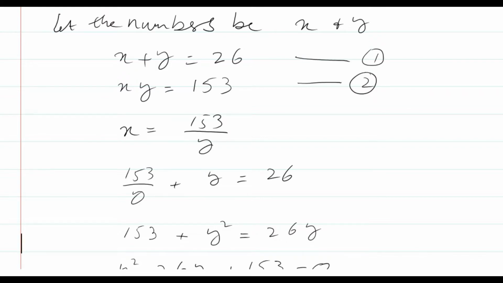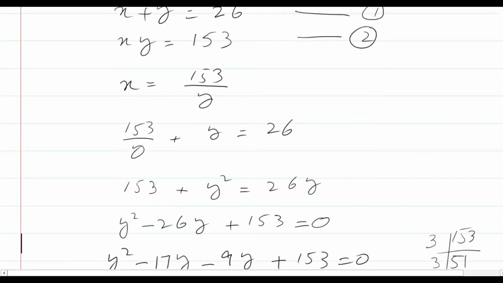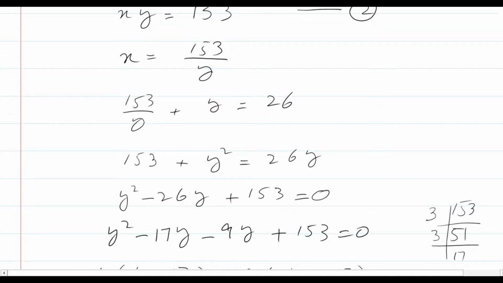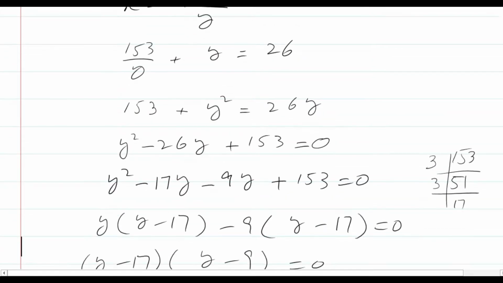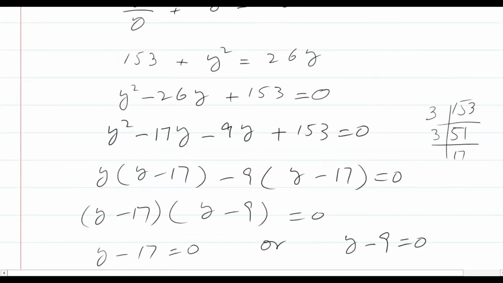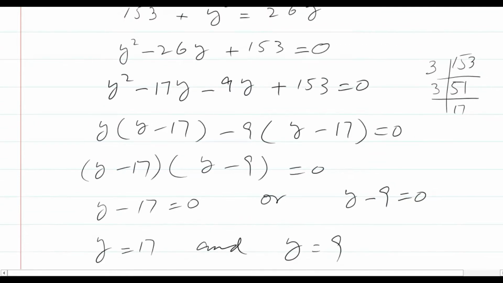Now you can multiply throughout by y and you will get this. On simplification and factorization, you can solve this and you will get finally two values of y, which are 17 and 9.